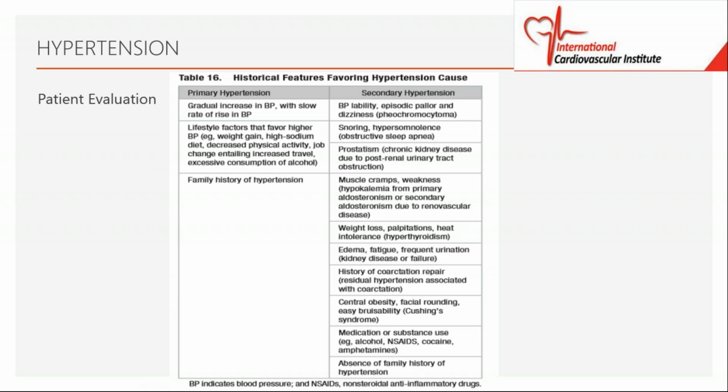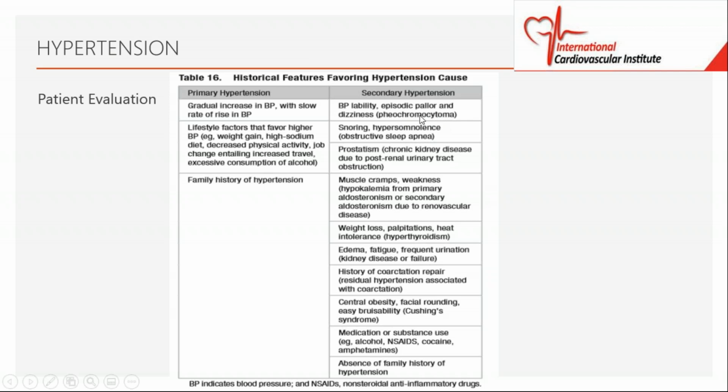There are some things in the history or the physical examination that may tip you off that you're dealing with secondary hypertension. A younger patient may have episodic increase in blood pressure and present with hypertensive crisis in patients with pheochromocytoma.